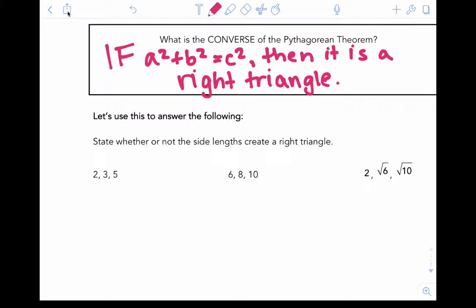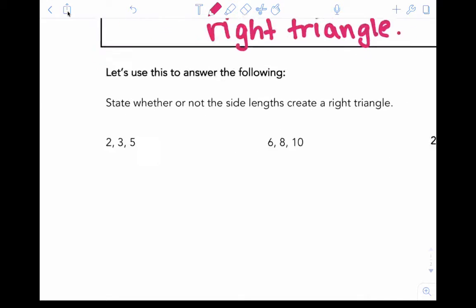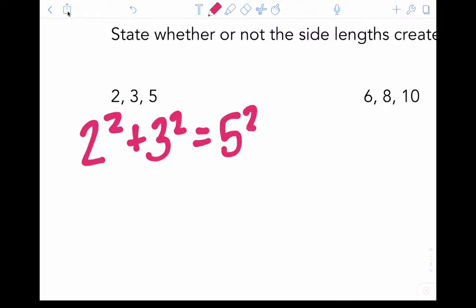Okay, in order to put these numbers in this equation, we need to figure out what our c is. It's pretty easy to notice that 5 is the largest number, so 5 is going to be the c. So let's write this out: 2 squared plus 3 squared equals 5 squared.